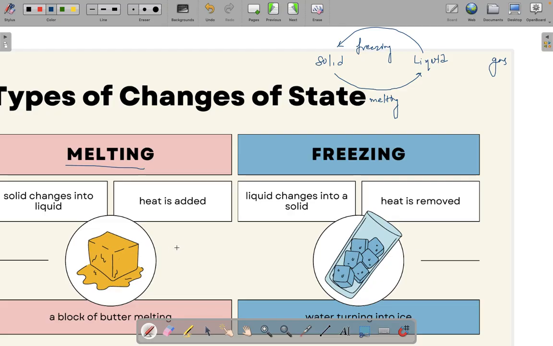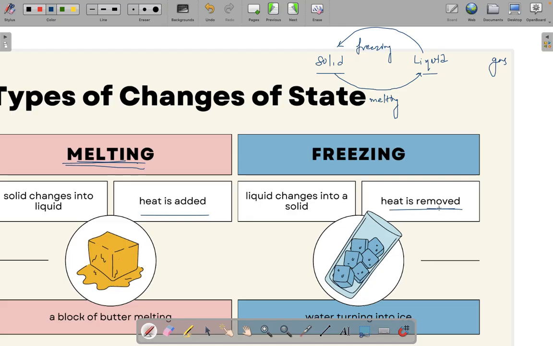If you have a block of butter and you heat it, it gets melted to form liquid butter, right? So you have to add heat while melting something, right? So when converting from solid to liquid, you have to apply or provide heat, right? And if you do the opposite, so you convert liquid to solid, you have to freeze it or remove the heat, right?